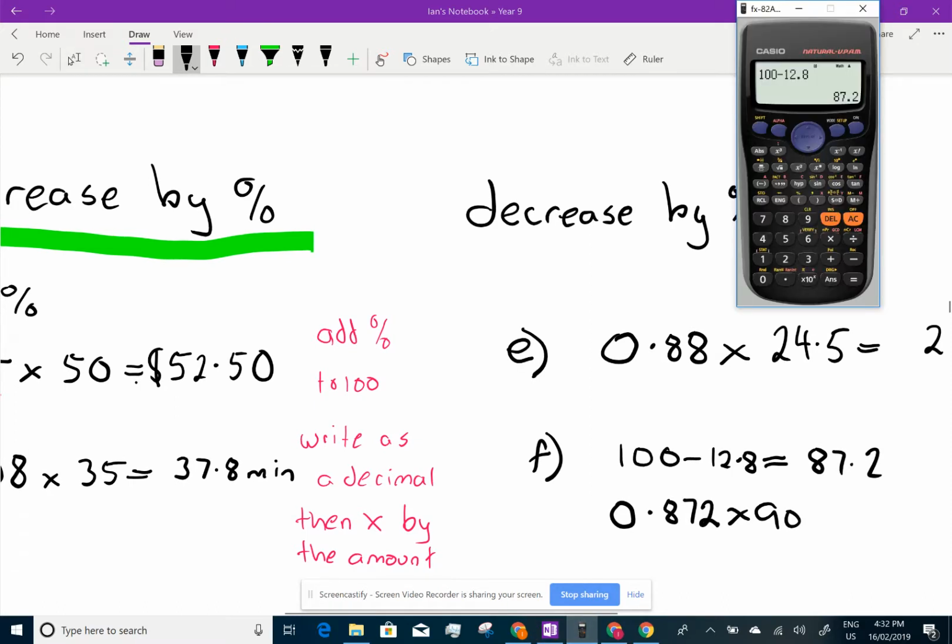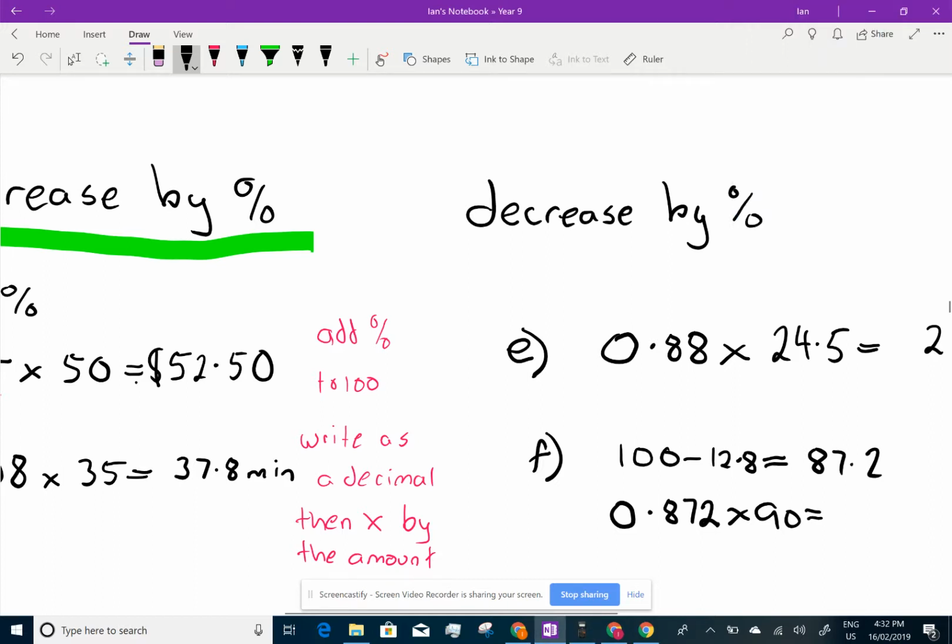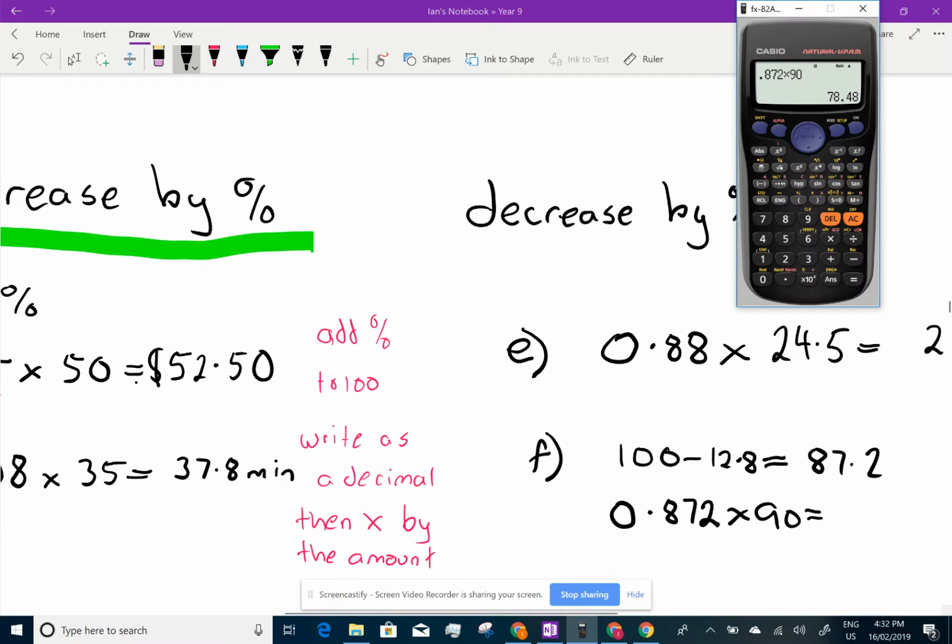So I'll just go times 90. Well, that's not right. I must have stuffed that up. Remember, you got to know what it's like. Oh, because I still had it as 100. So 0.872 times 90. 78.48.